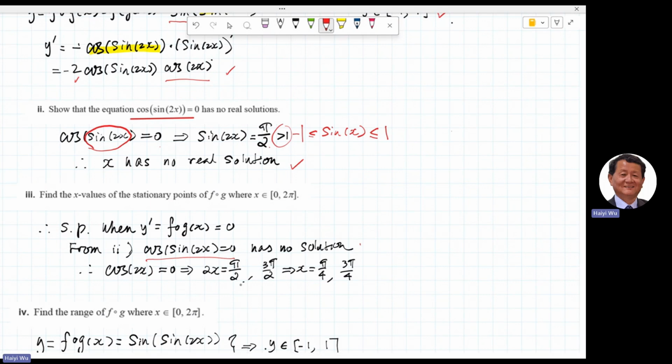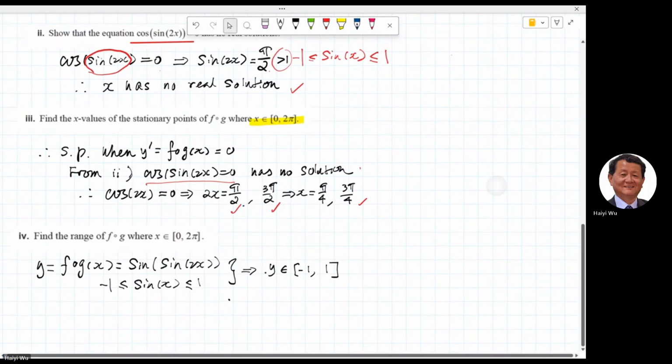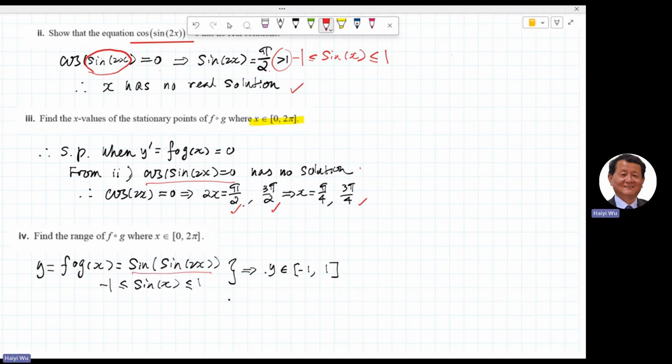So 2x equal to pi over 2, or, because within this domain we have 0 to 2 pi, we have another answer, 3 pi over 2. So two answers, pi over 4 and 3 pi over 4. Then we want to find the range for f circle g. Again, sine is always less than or equal to 1 and greater than or equal to -1. So the answer is the same.